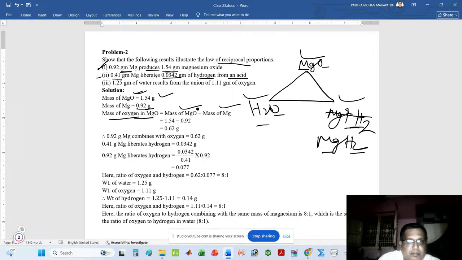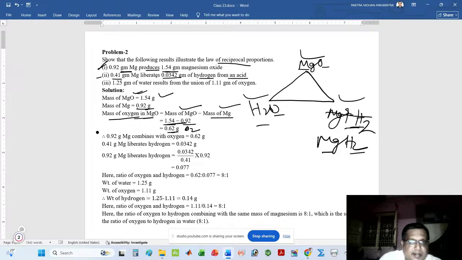Mass of magnesium oxide means 1.54. Mass of magnesium means 0.92. If you subtract this, that means 1.54 minus 0.92, then we will get 0.62 gram. This is the mass of oxygen. Clear?